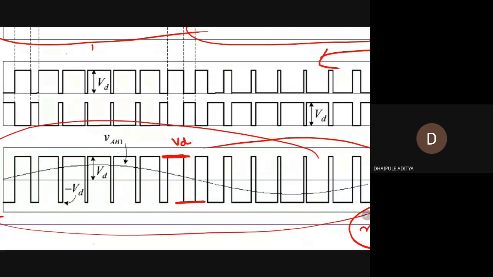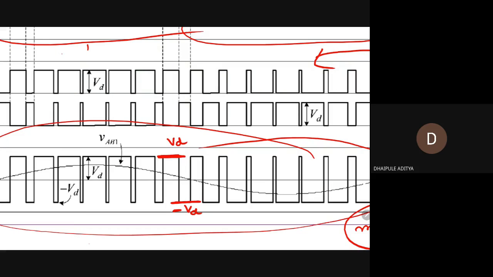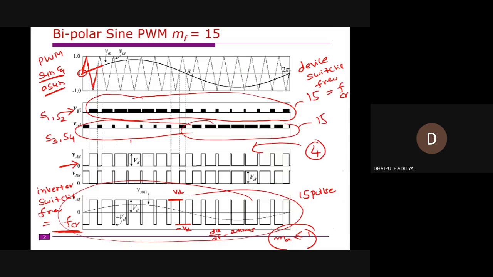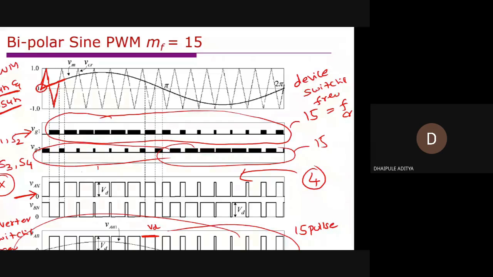So if you compare the voltage stress or dV by dt, here it is doubled, 2 times whatever is available in unipolar. So the voltage stress is increased in case of bipolar. Normally this bipolar scheme is not preferred, although it has some applications, especially in MPPT.